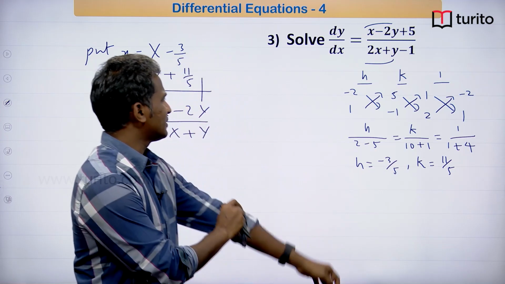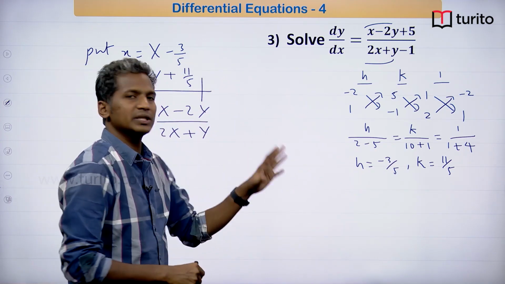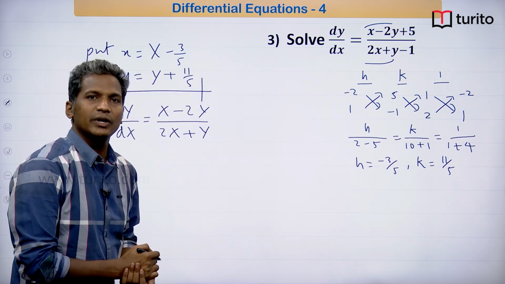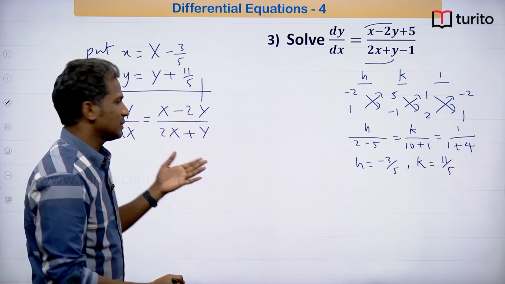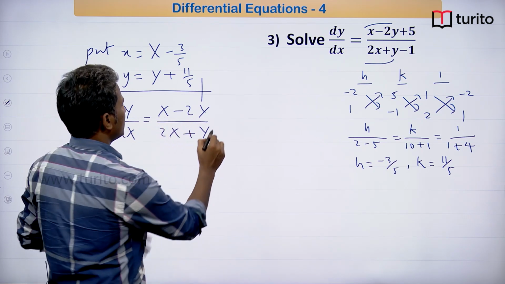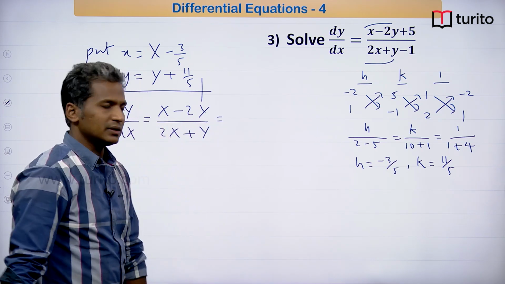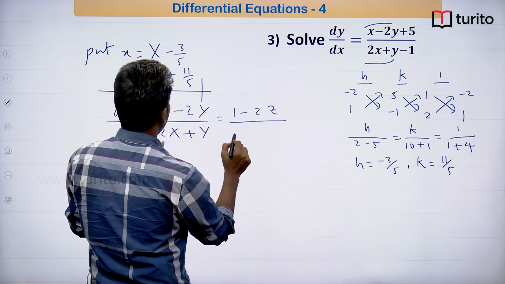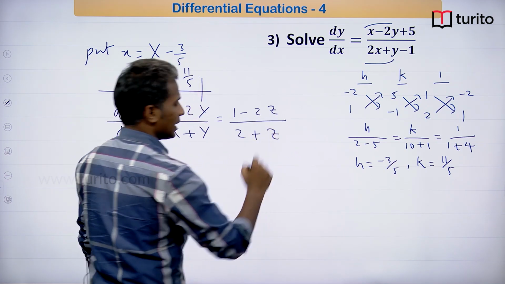So this way we have actually done this process much faster. Now what is the idea? We have to put y by x equal to z. So when we divide with x and put y by x equal to z, we will basically get here 1 minus 2z divided by 2 plus z.